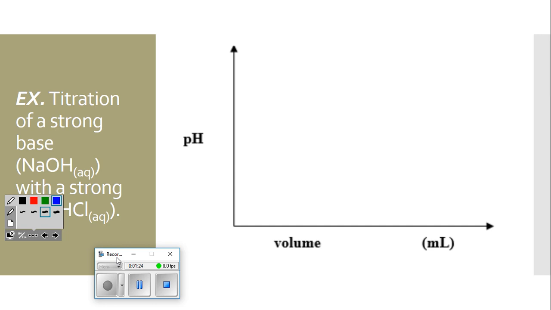Now the thing that's different here is that we're not just going to make a graph, but we're going to explain why the graph looks the way that it does. So I'm going to draw the pH curve, but then I'm going to explain what's happening on each part of the curve. So as you're writing stuff in your handout, just keep that in mind. There's going to be some explanation that goes with it.